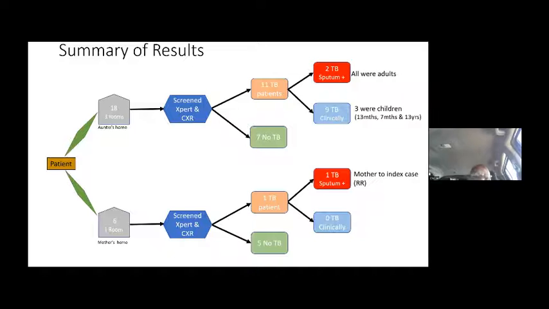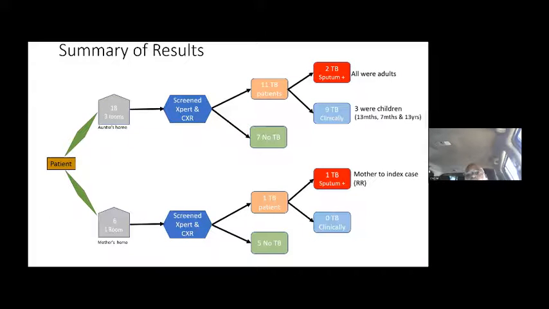So that's just to show that we had this patient who was staying with 18 family members at the auntie's place. The other side, where there were 6, is the mother's. This patient was staying at the auntie's place, but she could visit the mother. And we did the screening for both families.